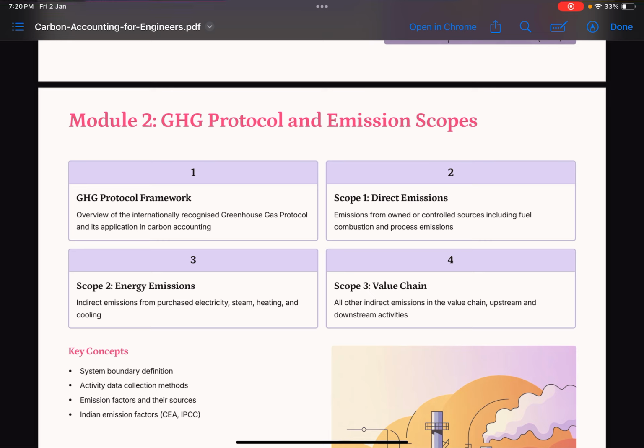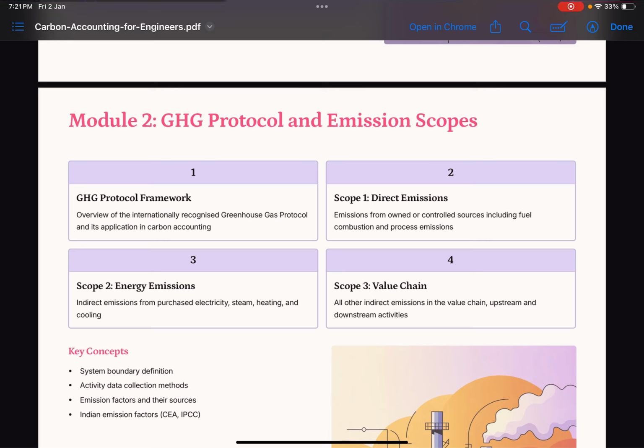By scope 1 emissions, we would talk about direct emissions. Direct emissions means the emissions arising from the industry directly because of some process happening in the industry or because of some combustion happening in the industry.